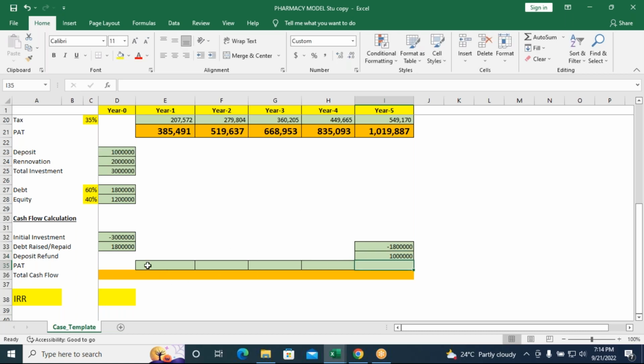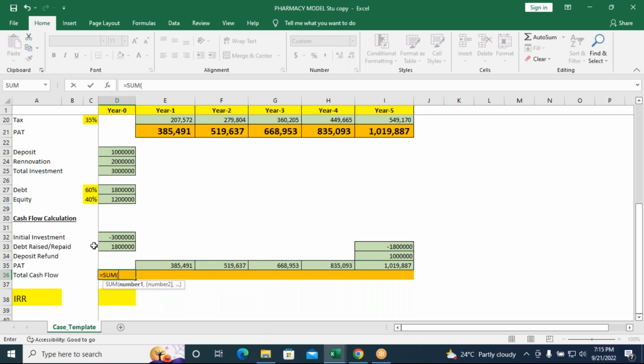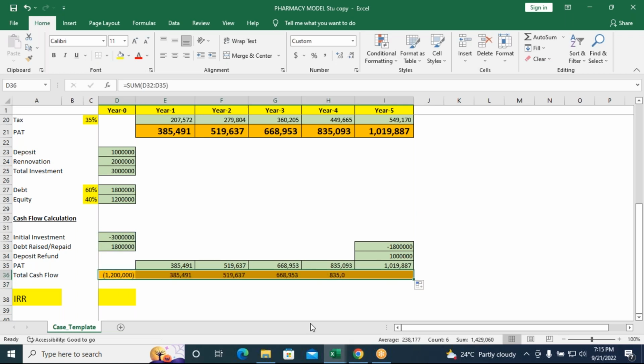Now the PAT has to be taken here, so these values have to be taken here. I'll just select it and drag till the last. Now I need to calculate the total cash flow, equal to sum of, open the parenthesis, select the range from D32 to D35, and drag till the last.